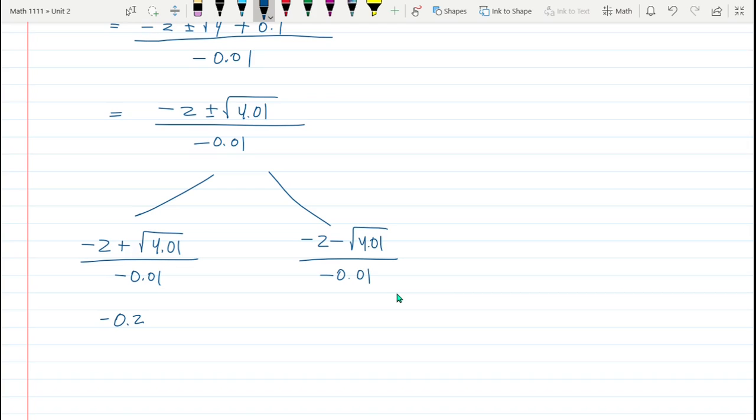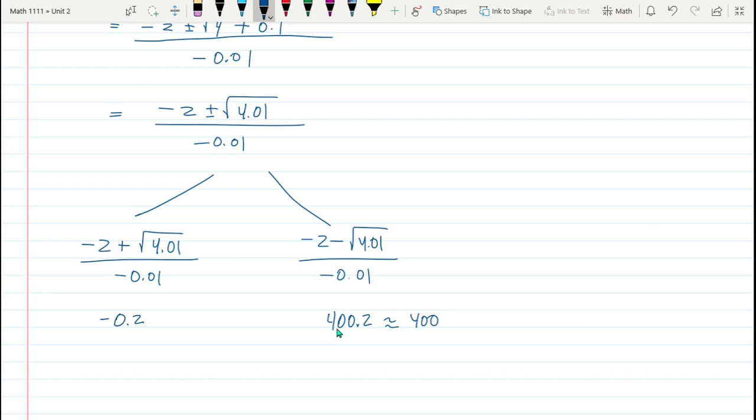That's one of the answers. And this is going to be the next answer. Same values, except that's a minus. And I'm going to get 400.2, which is roughly 400.